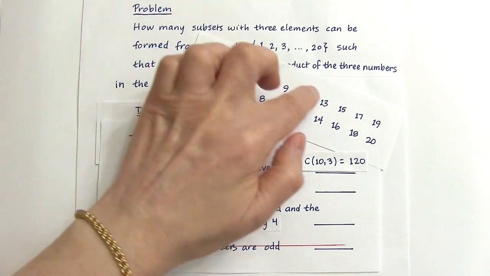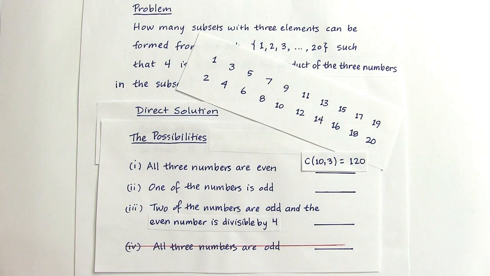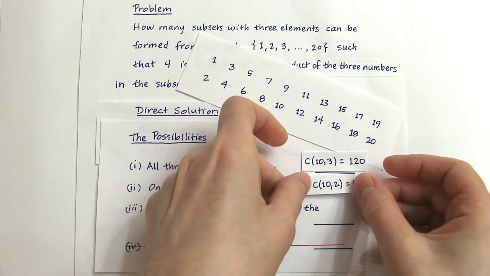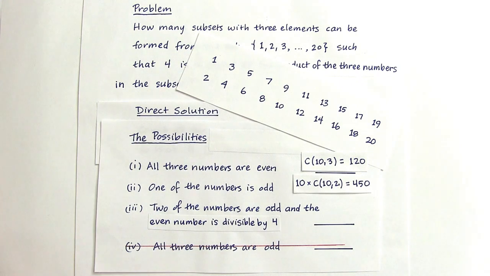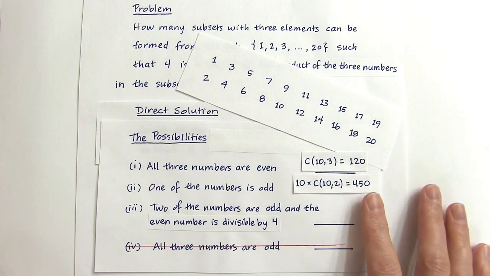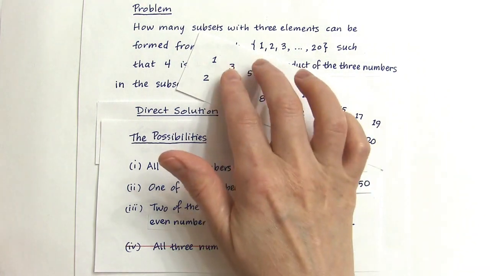That's 10 choose 1 from the odds and 10 choose 2 from the evens. So that's 10 times 10 choose 2, which is 450, which is the answer we got in example 5. There are 450 ways to choose one odd number and 2 evens from this set.